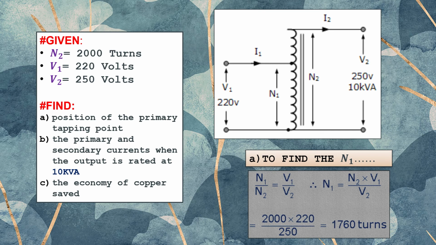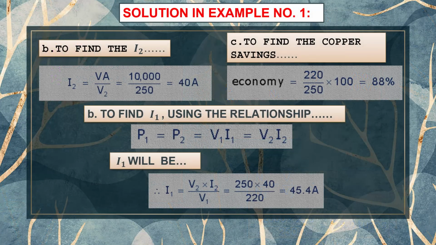So, substituting the given values, we could get 1,760 turns on the primary side. So, next, ang hinahanap naman natin is yung primary and secondary currents at rated output at 10 kVA.